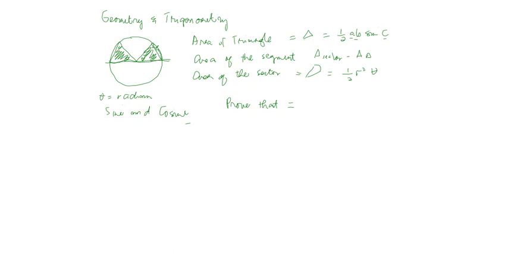Okay, so what else can we study about geometry and trigonometry? Let's say you are given sine, cosine, or tangent theta. So just one of them is given and you have to find the other two.